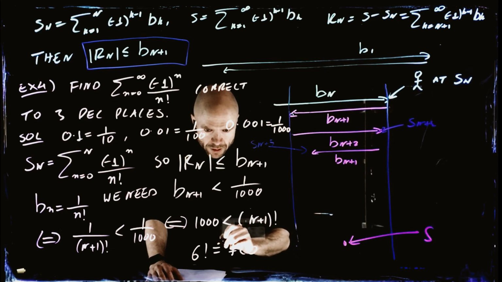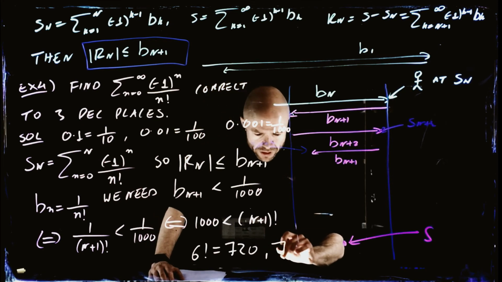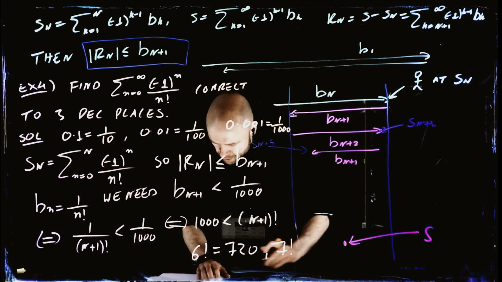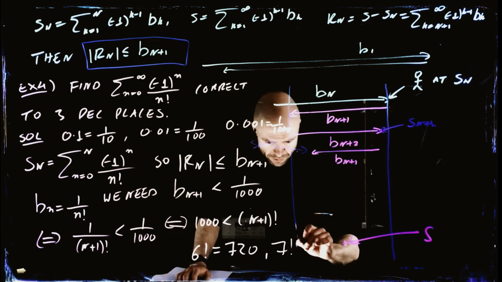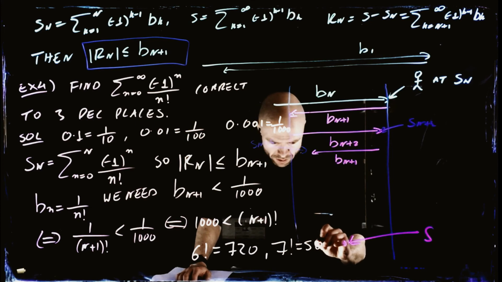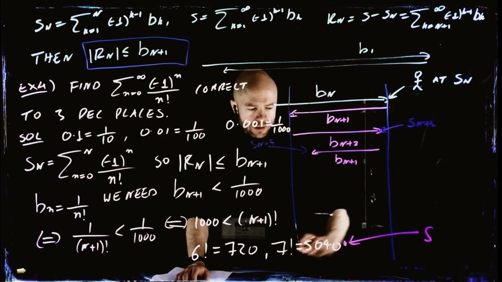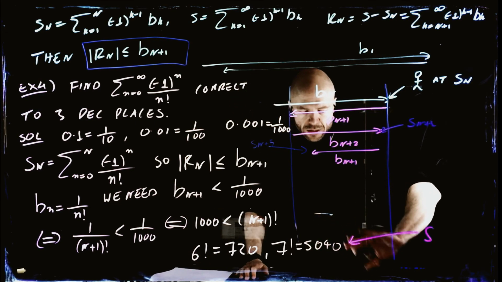Yeah? Which is not good enough. That's not less than 1,000. But 7 factorial is 5,040.